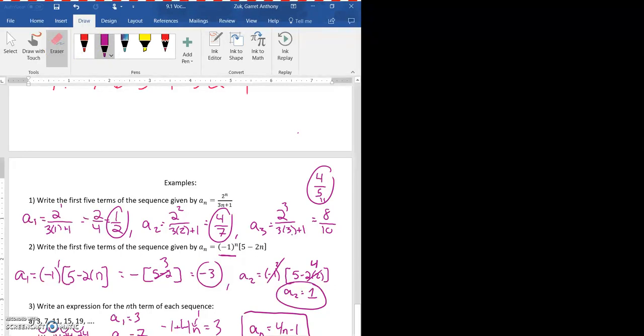From 2 to 6, I multiplied by 3, then I multiplied by 4, then I multiplied by 5, so I'm multiplying by 1 more each time. Well, that looks a lot like our factorial formula we looked at earlier. So what we actually end up with here is 2 to the n minus 1 over n factorial.